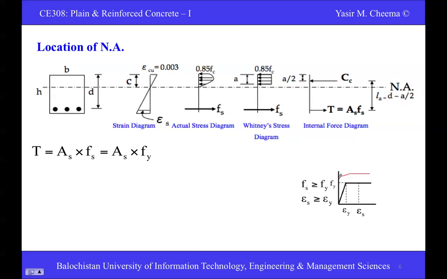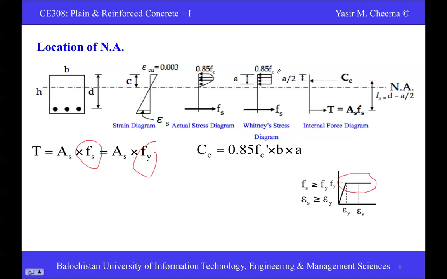Here, in this case, value of Fs or the stress developed in the steel is the same as its yield stress. So that's why we replace this value of the stress developed in steel equal to the yield stress. All right.